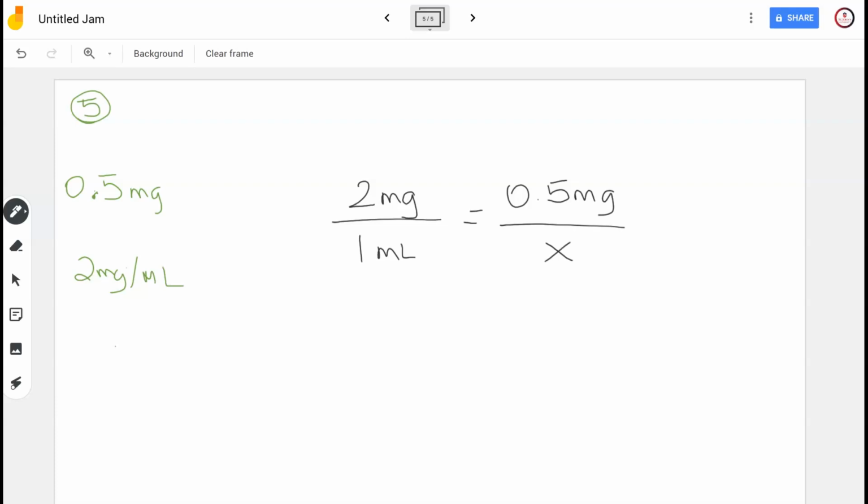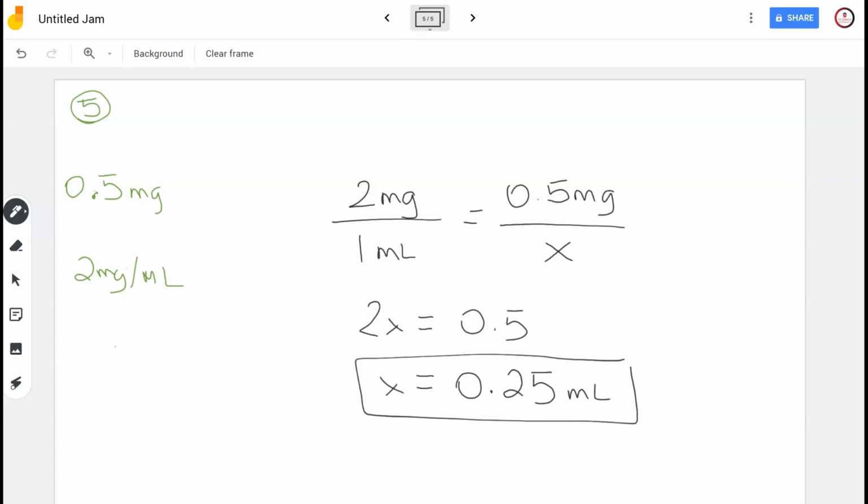So cross multiply. 2X equals 0.5, which means that you're going to divide half by 2. A little quick review on your long division. How many times 2 goes into 0.5.